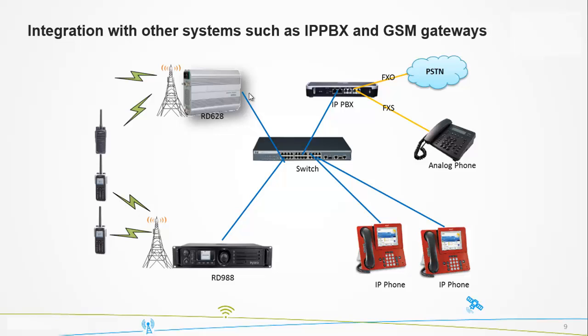So outside calls, for example FXO, can be connected to the IPPBX, then it goes to the switch and then to the repeater, then the repeater transmits the call to the radio.